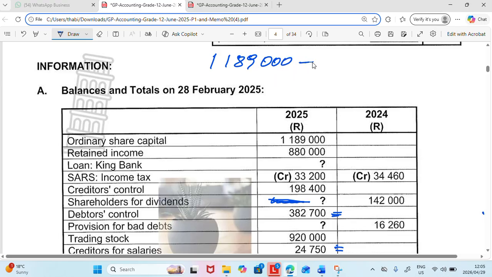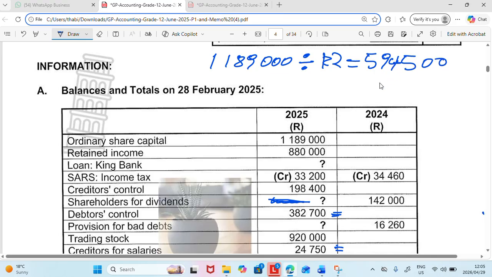So we need to divide this 1 million by R2. So this 1 million is given at the end of the year, guys. You divide by 2, then you'll get the number of shares, 594,500.